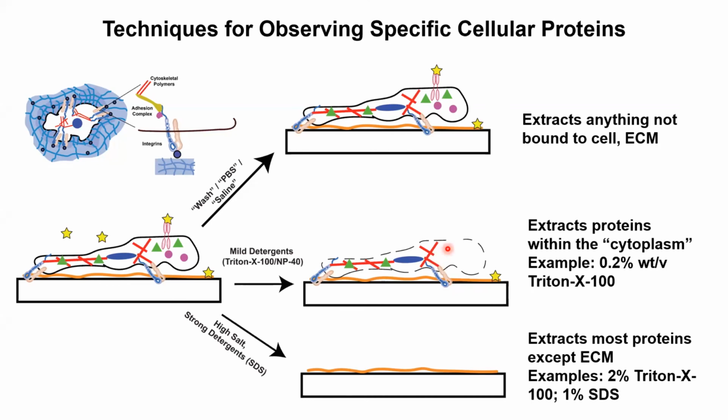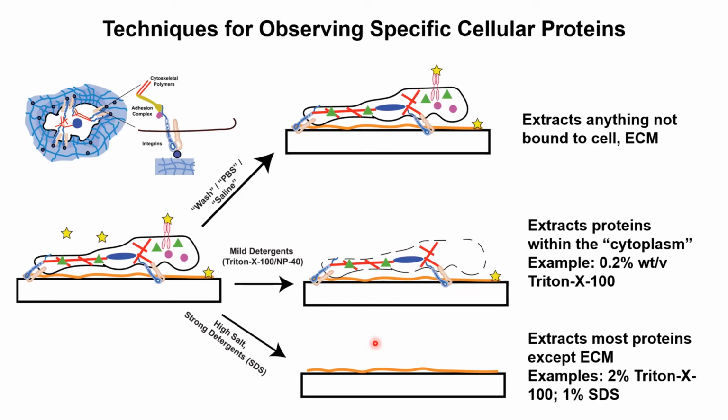If we use very high amounts of salt and high amounts of detergents, we're going to wash away even the cells, even the cytoskeleton, but not the extracellular matrix. The extracellular matrix is very poorly soluble. So just to give you an idea, this procedure here is a 5-minute wash in PBS. This is a 5 to 10-minute exposure to cold lysis buffer.